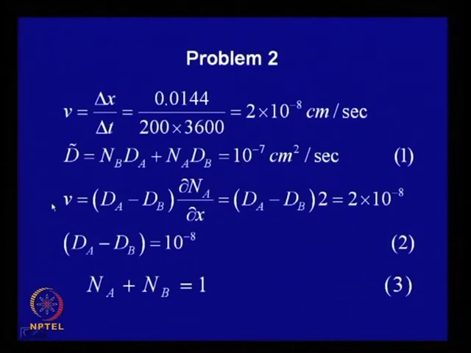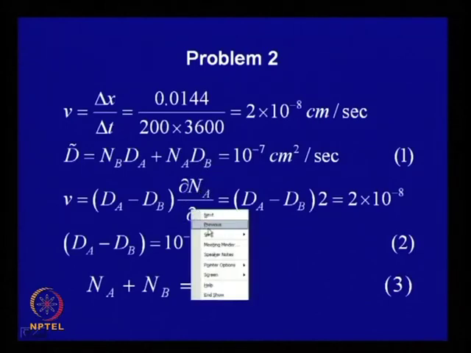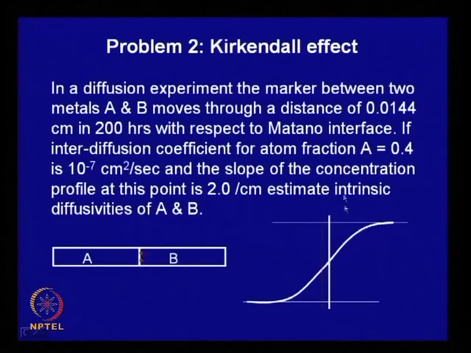And now, the velocity of the marker, we have derived this expression, is given as the difference D_A minus D_B times the concentration gradient, del N_A del x. Now, this slope of the concentration profile, where the concentration is the atom fraction and the other axis is distance, at atom fraction 0.4 is given.